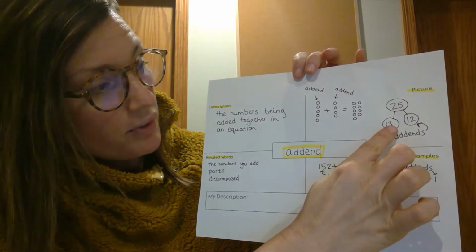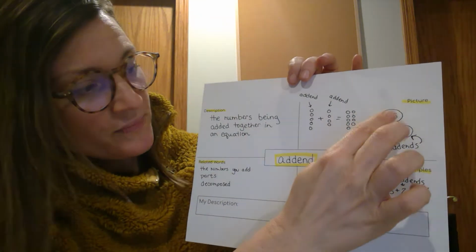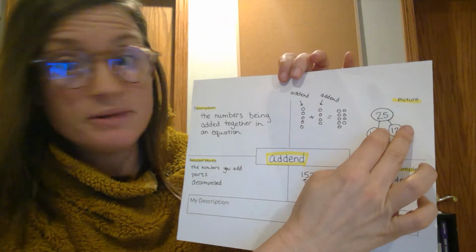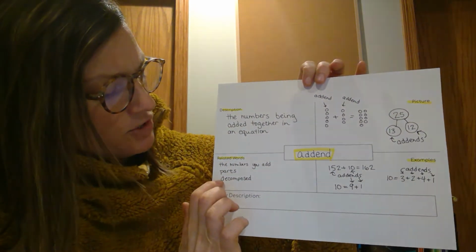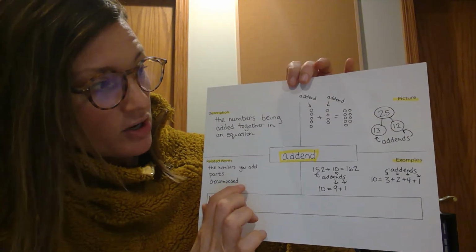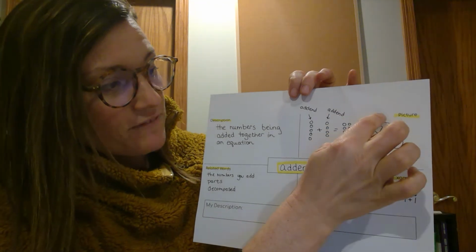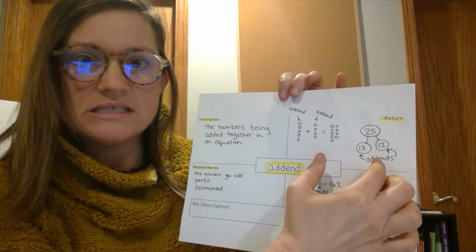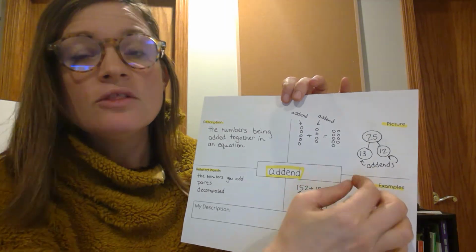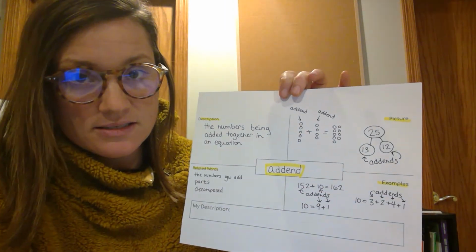You might remember part, whole. The parts, and it can be more than 2, the parts are the addends. You might also think about it like decomposed. If we have 25 and we decompose it, those parts that we decompose it into are the addends.